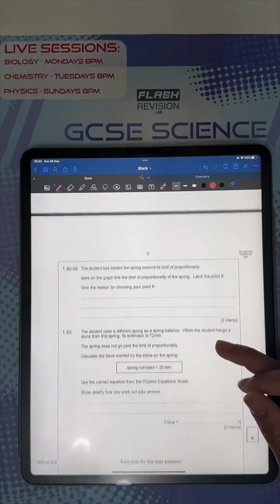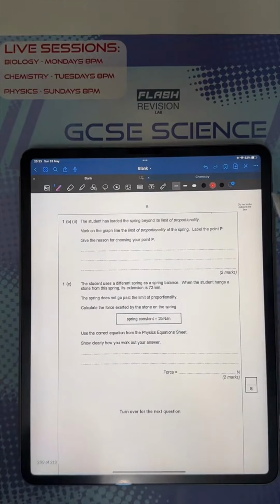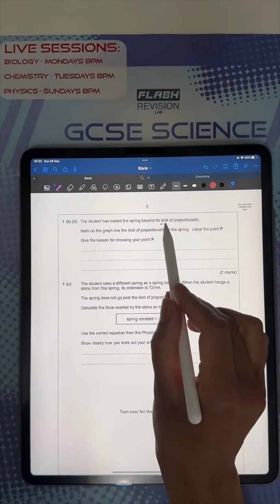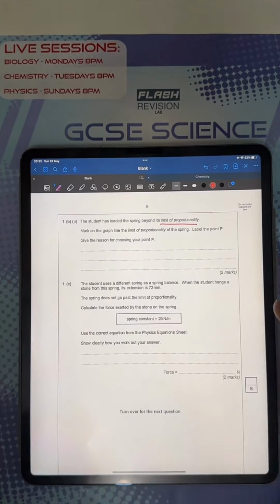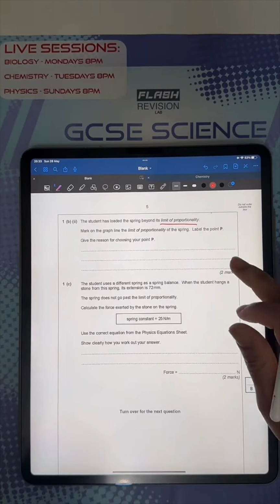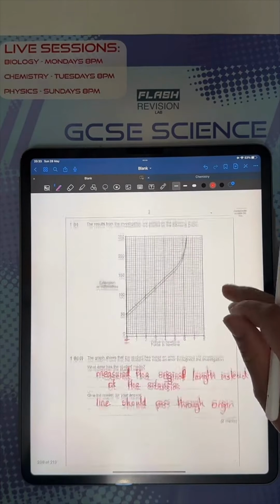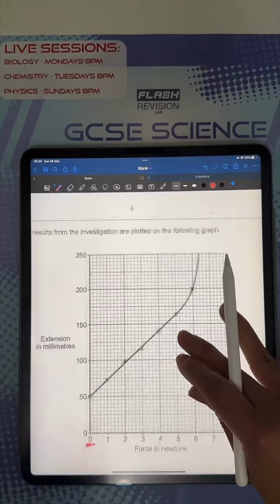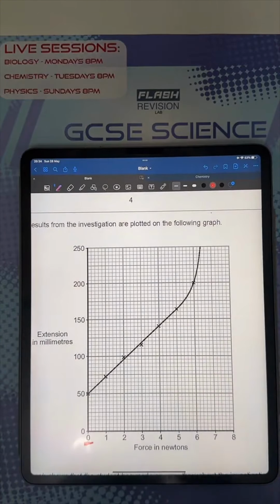Next up, the student has loaded the spring until it's beyond its limit of proportionality. Mark on the graph line the limit of proportionality and label it P. Give a reason for P. So where would I mark it here? Go back to which part?